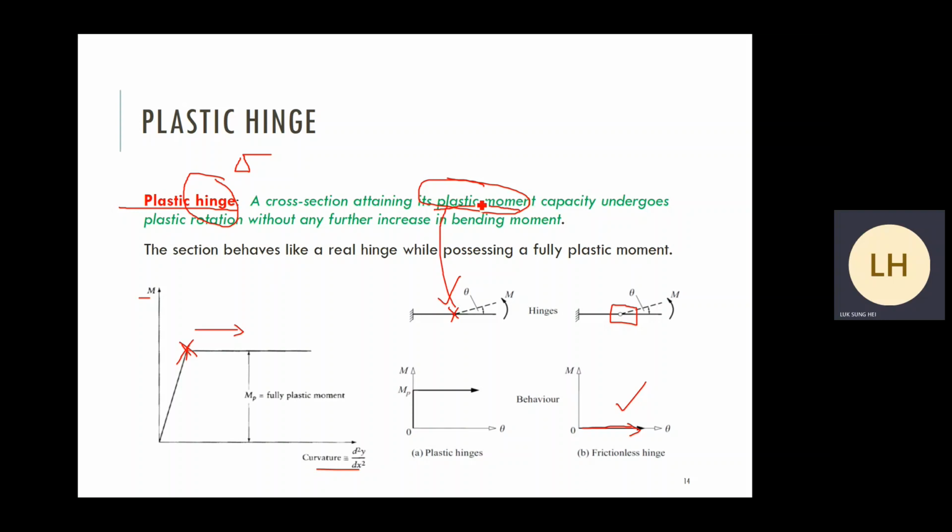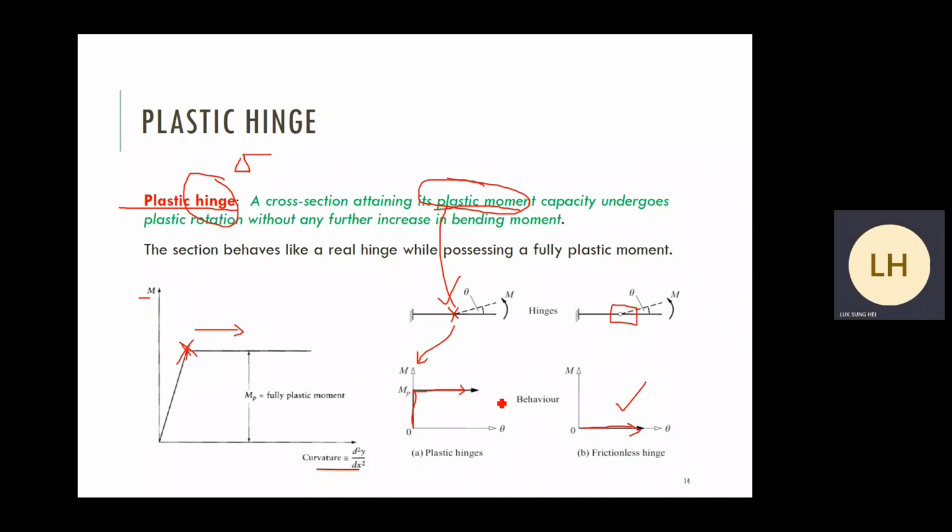That means it cannot take further loading. It's free to rotate. So when you plot the moment rotation graph for this hinge, for this cross section, it will be something like this. After reaching the plastic moment, this section is free to rotate without any increase in our moment.